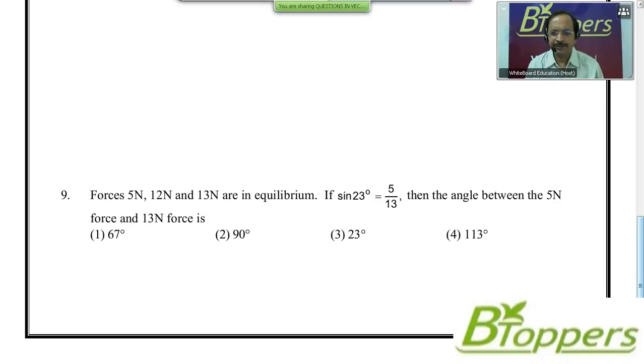Second option 90 degrees. Third option 23 degrees. Fourth option 113 degrees. Come on, try this question. In case you need more time, you can pause and try it. Come on, look at the next question.